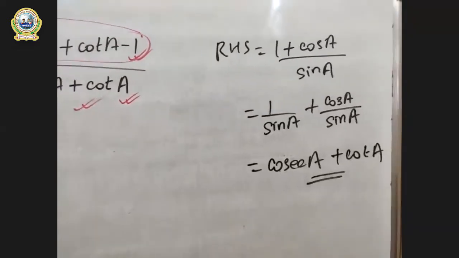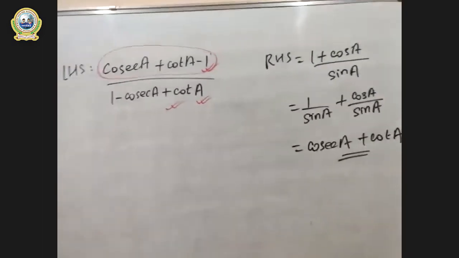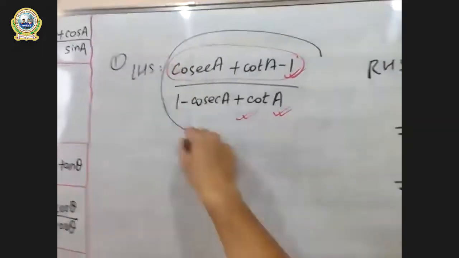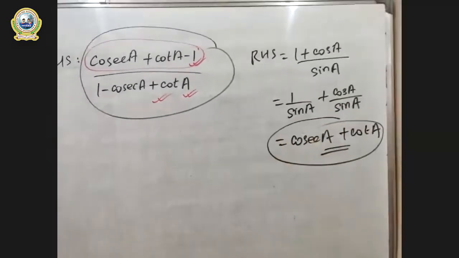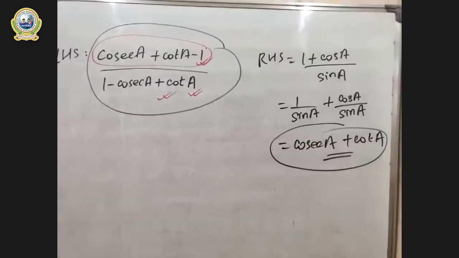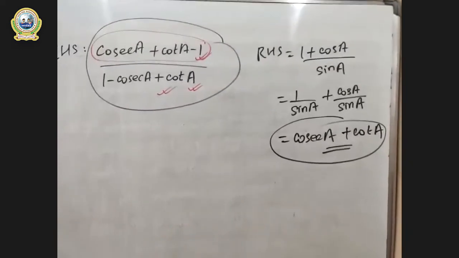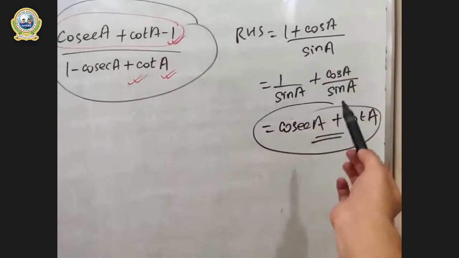Now this is our RHS. What I have done is I have just simplified the RHS. Now look here, compare these two. This is our LHS, right? And this is our RHS. Now look properly. Can you tell me which rule should be followed? I think the second one, right? Because in RHS there is a numerator only.